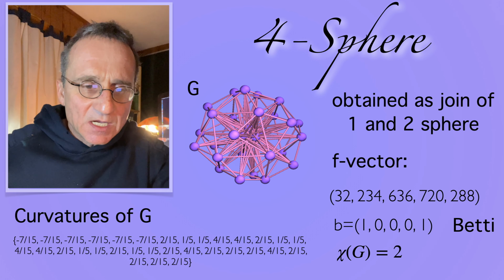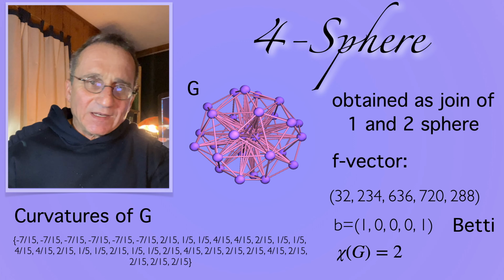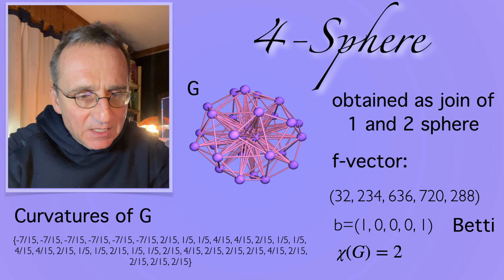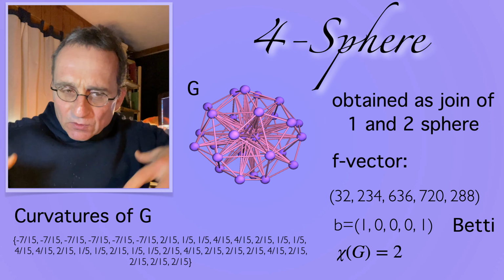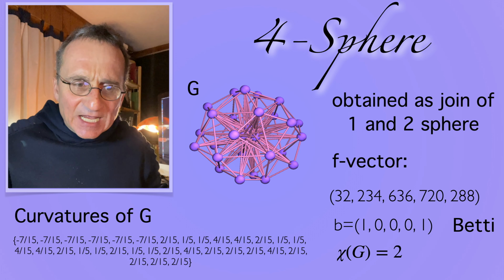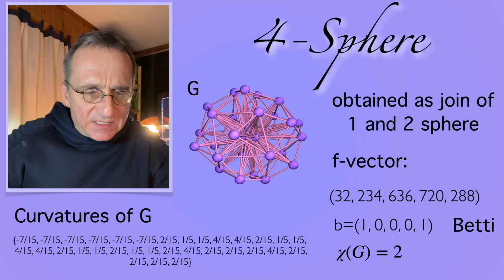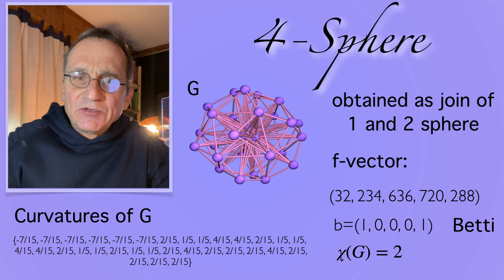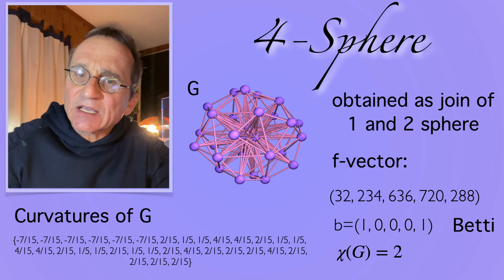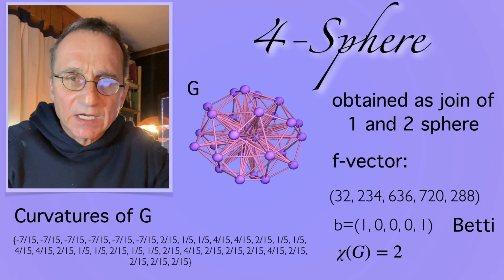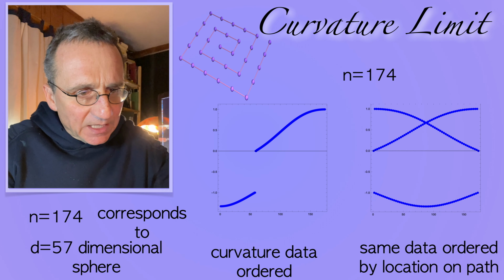That gives us a 4 sphere, and it adds up to +1 when you take the join, like in topology. The f vector is already pretty large at 288 4-simplices, and so the Betti numbers you can compute. For a 4-dimensional sphere the Euler characteristic is 2. Everything works like in the continuum.